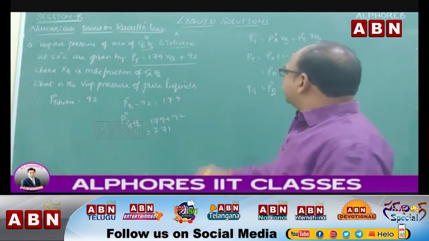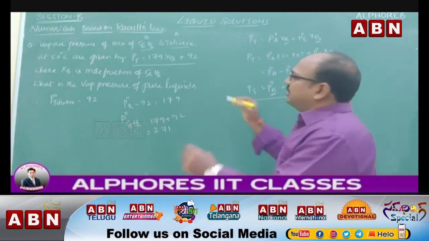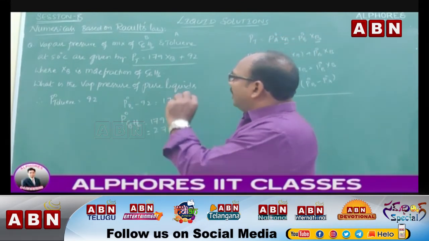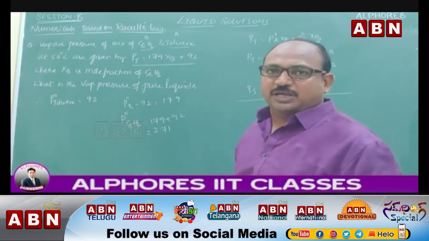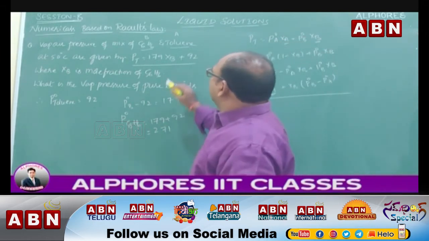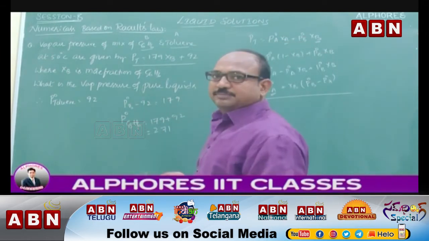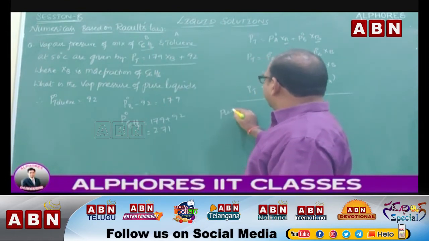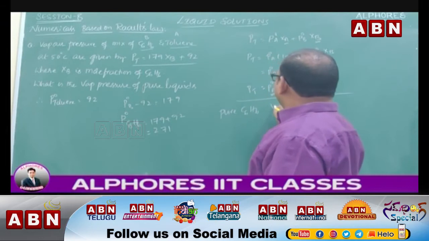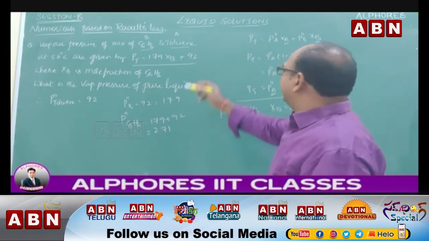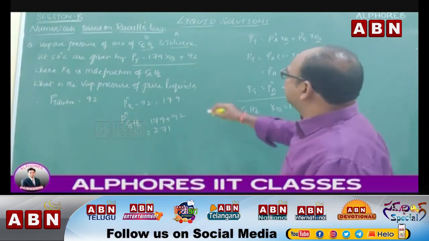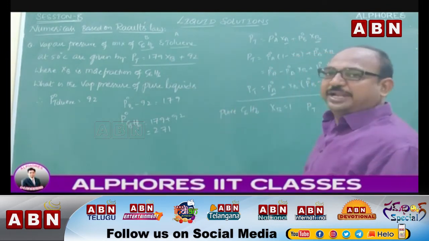Instead of solving like this, we can solve the same problem in another way. Like we asked, pure liquid vapor pressure, how much? So Xb is equal to 1. In case of pure benzene, Xb is equal to 1, then if you substitute in that expression, P total is equal to 179 into 1 plus 92.